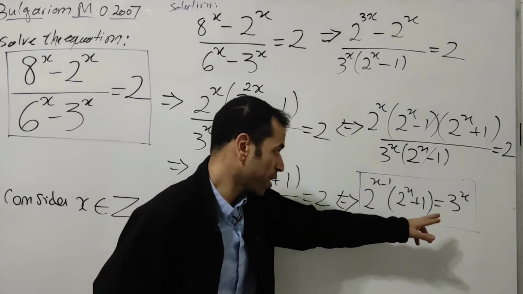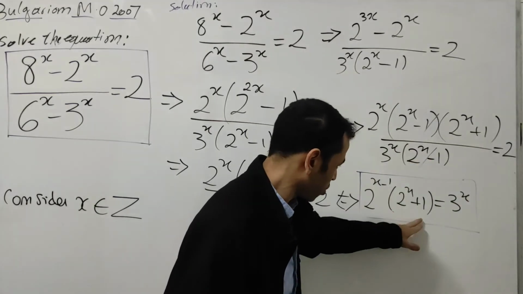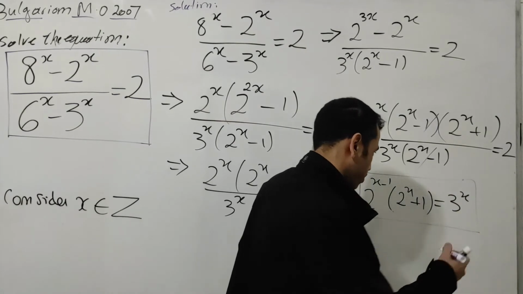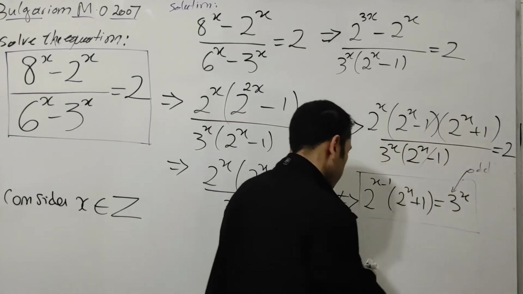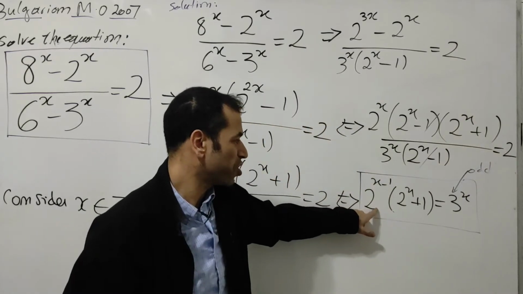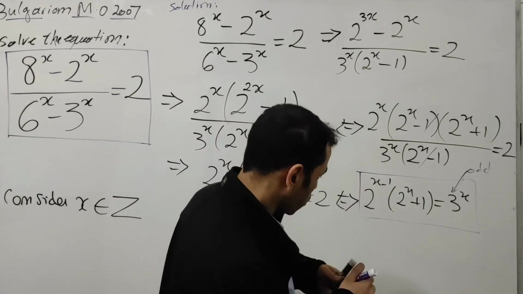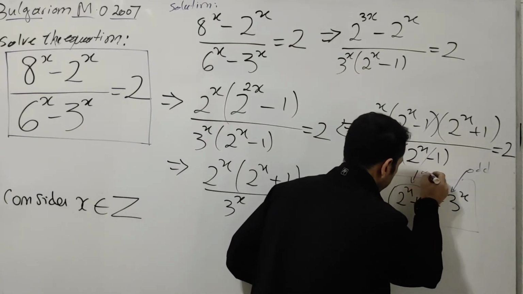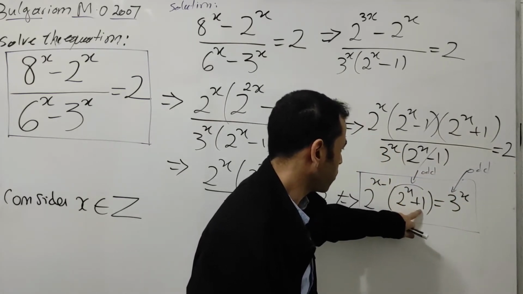Now if x is an integer, and you take a careful look at this equation, the right hand side of this equation is odd. But the left hand side is even, because we have 2^x - 1, and also this term is odd because 2^x is even and 1 is odd.